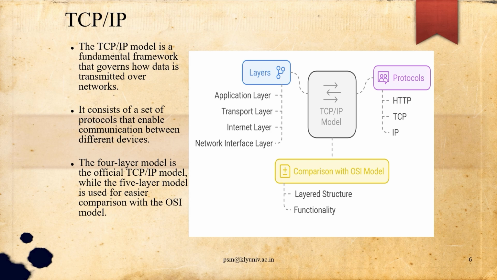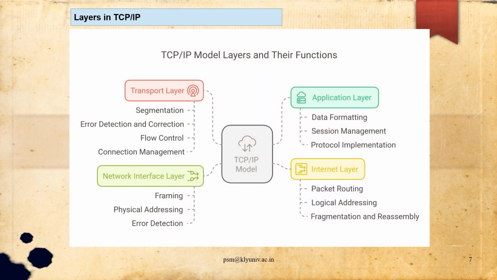Some of the common protocols are TCP, IP, HTTP, HTTPS. Other important protocols are SMTP, Simple Mail Transfer Protocol, POP, Post Office Protocol, FTP, File Transfer Protocol, and so on, all part of TCP/IP.